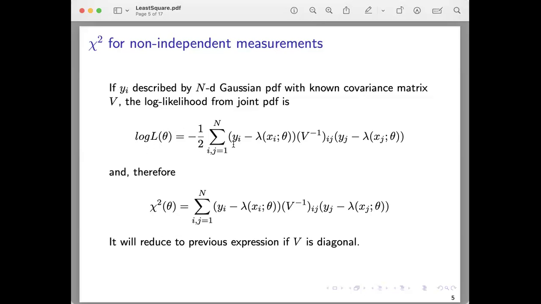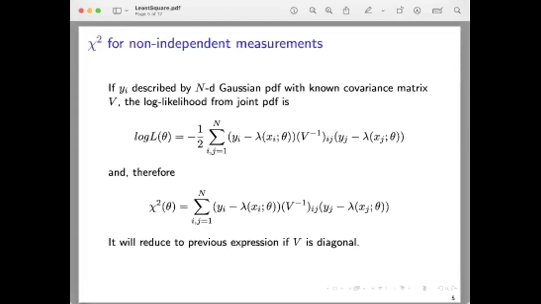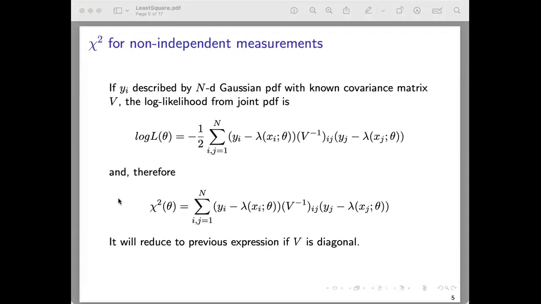this parameter theta, as now the sum of y minus lambda times the inverse of the variance times y minus lambda.